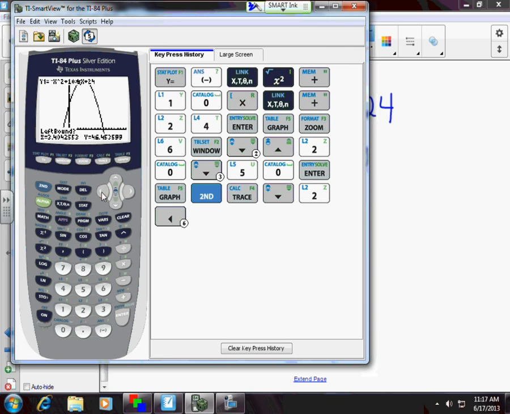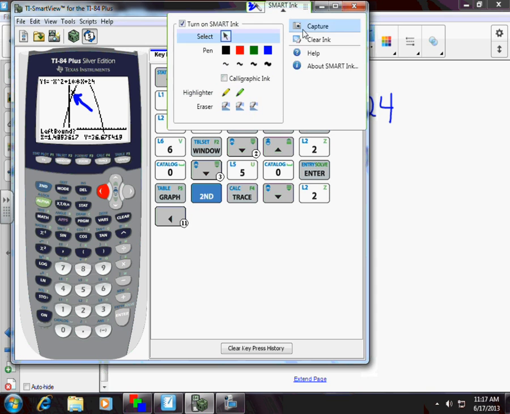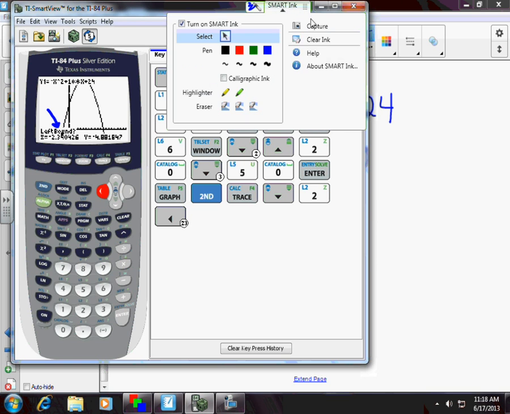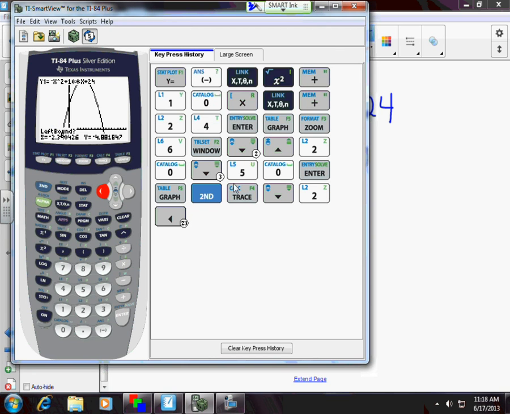And after a while, you'll see the cursor starting to show up and move to the left. And we just want to move it until we get to the left of where it seems to cross the x-axis. It's kind of hard to see because it's in the words, but it is flashing down there. So I believe I am to the left of the intercept. So now I will press enter.